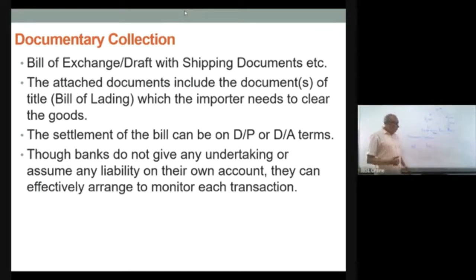So once you accept the financial document to be paid on a future date, then we don't mind giving the documents to you, documents against acceptance. DP is settled immediately. DA is on a future date. Payment on a future date, but you release the documents.